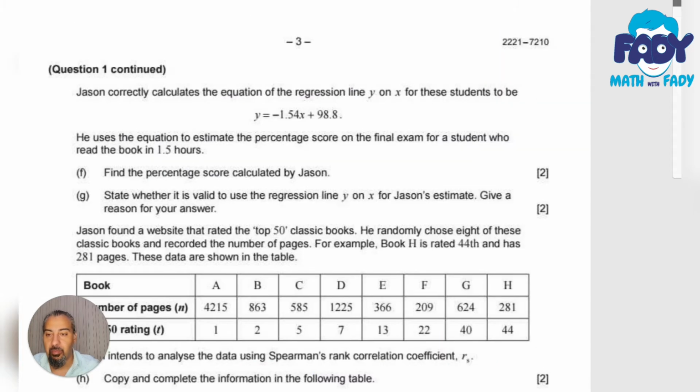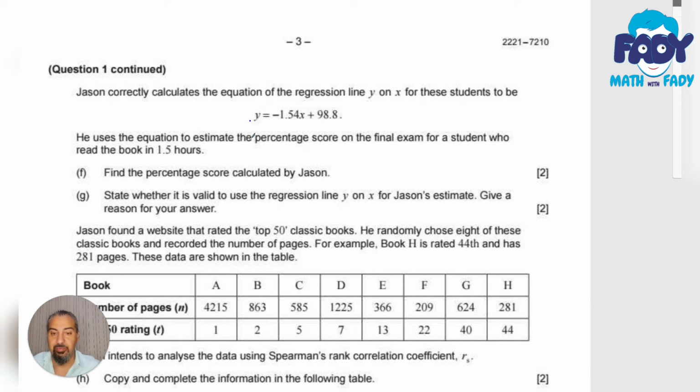Then, Jason correctly calculates the equation of the regression line y on x for these students to be y equals negative 1.54x plus 98.8. He uses the equation to estimate the percentage score on the final exam for a student who read the book in 1.5 hours. So he will use this equation to find the percentage.